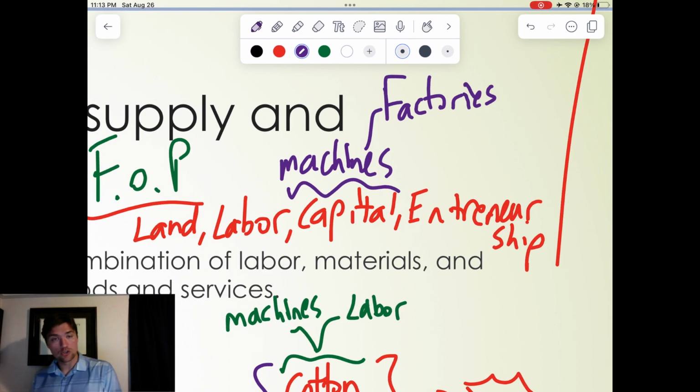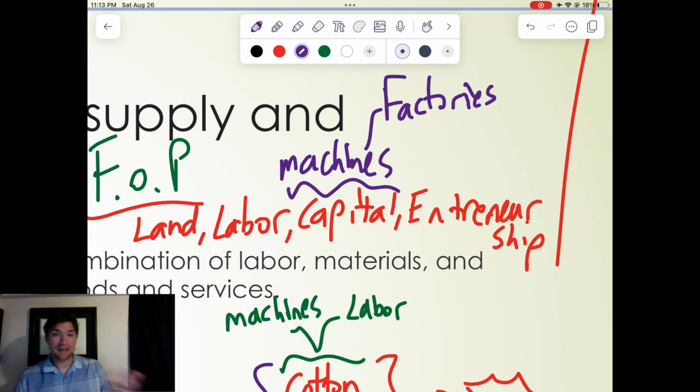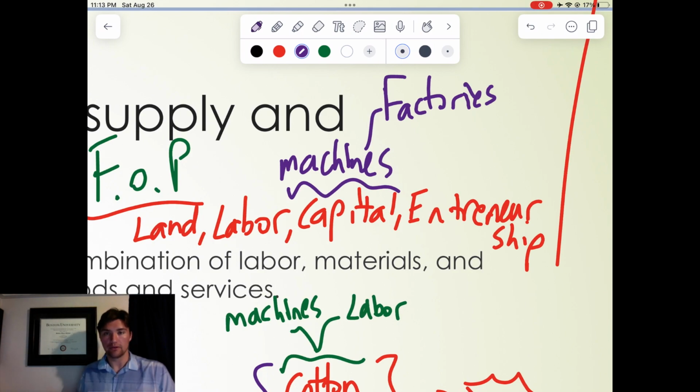And the last one is entrepreneurship. So, what is an entrepreneur? An entrepreneur is somebody who basically has an idea and they're willing to take a risk on that idea. They are the ones that are starting businesses, basically. Like Jeff Bezos and Elon Musk, right? They have fantastic ideas and they are trying to change the world. And that is their entrepreneurial ability.